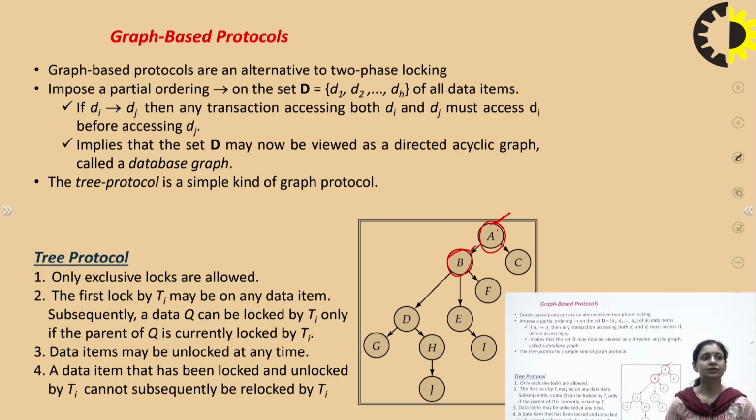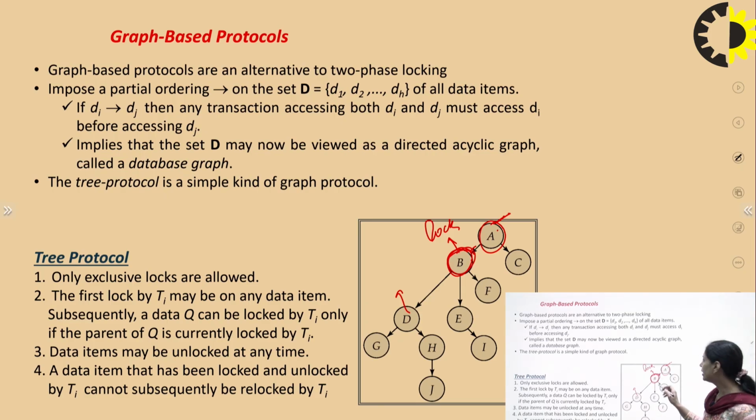Subsequently, a data item can be locked by Ti only if the parent of the item is currently locked by Ti. That means at the first stage, I can lock any of these nodes. But suppose I applied a lock on this one, now I can only lock this node when the parent node has a lock on it.